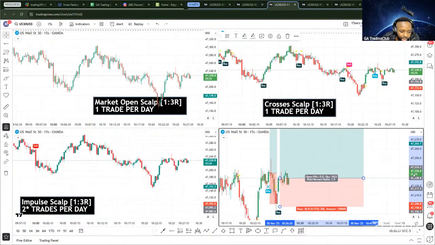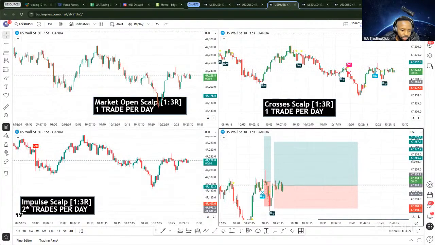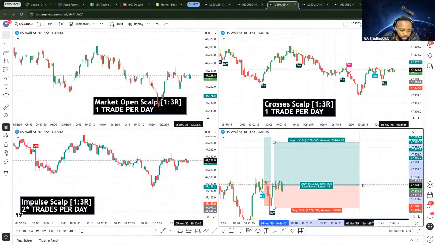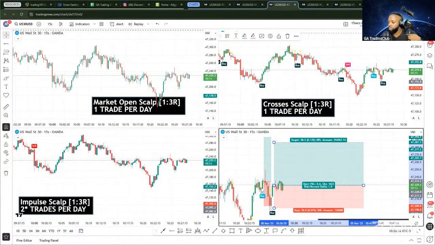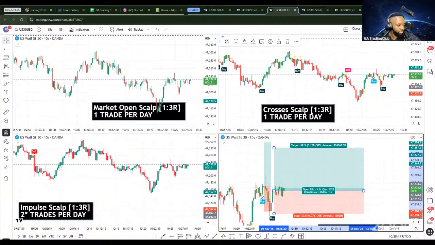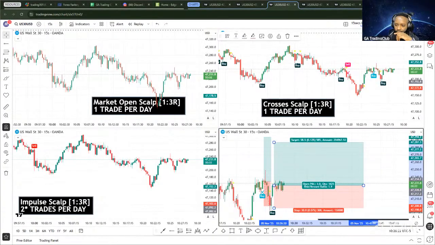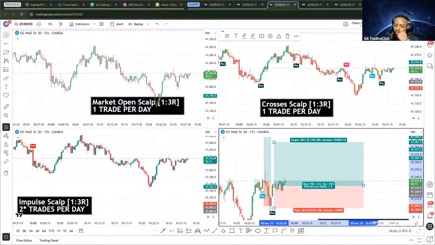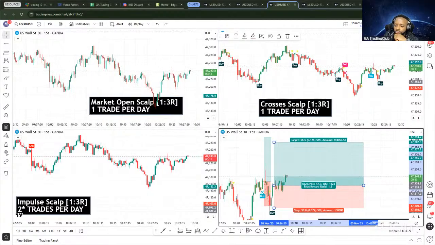I'm just hoping we don't get an exit signal here, and we just push all the way up. All right, there we go.